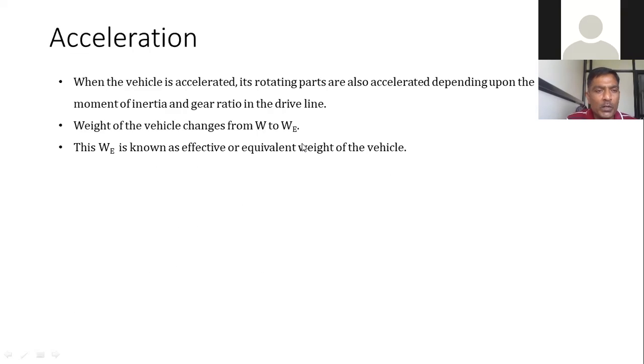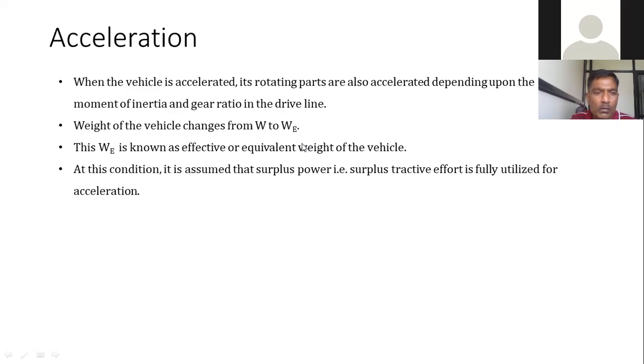So again, that W E, we are going to call it the effective or equivalent weight of the vehicle. So by considering this assumption, we are making one more assumption in terms of the surplus power.